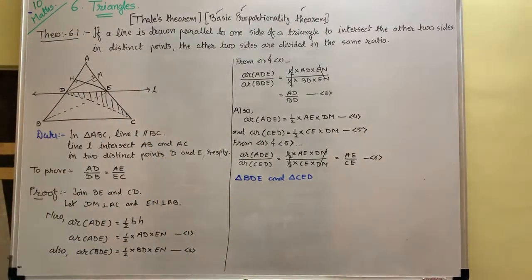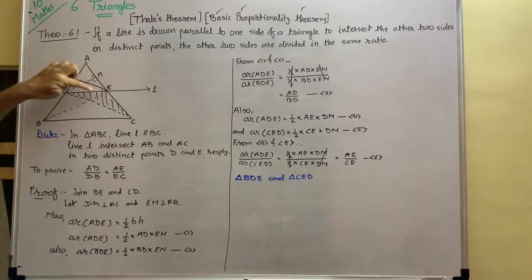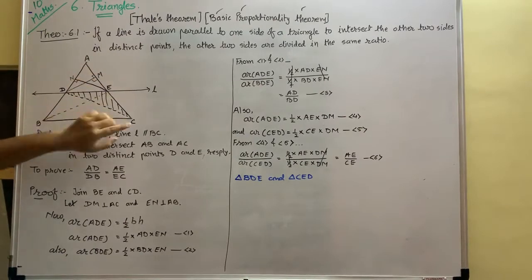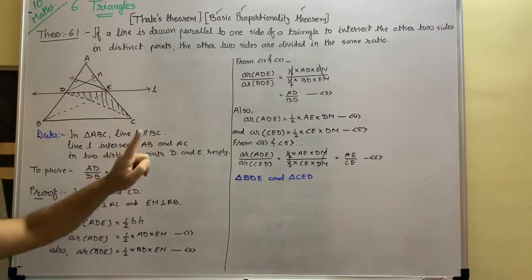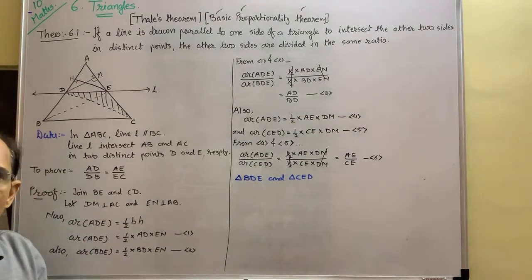Recall your 9th standard. Okay? Triangle BDE and triangle CED, they are on same base DE and they lie in between line L and BC, where L parallel to BC, means I can say that they lie between pair of parallel lines.